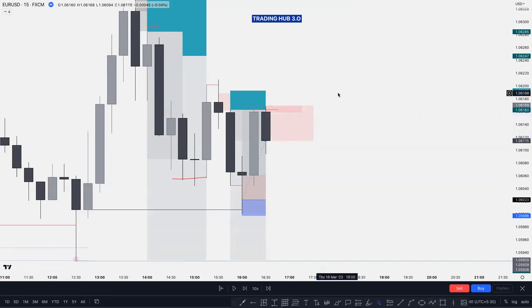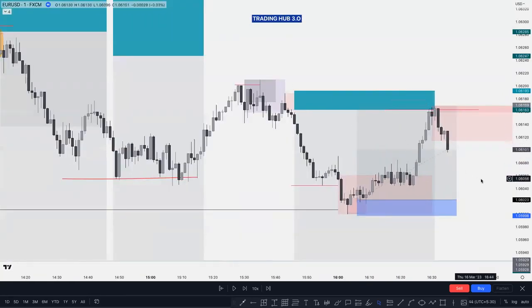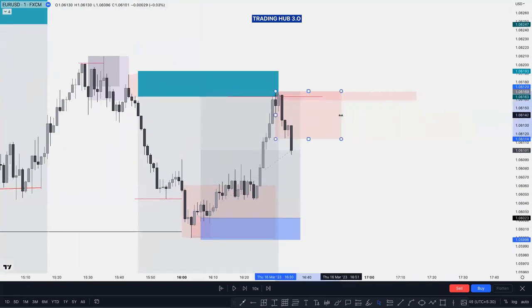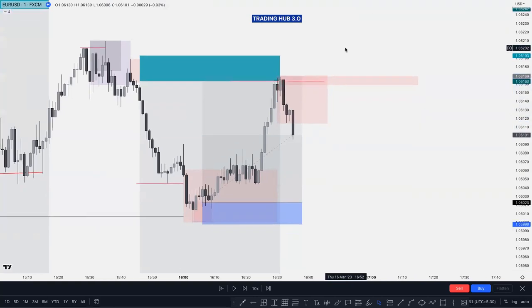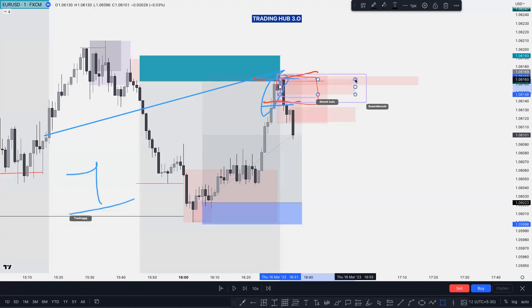Right? And now you have to switch here to a 1 minute time frame, and you have to identify where is our unmitigated order block in this case, right? And when you are willing to buy and sell, which order block you are willing to sell, like the first one and the second one.